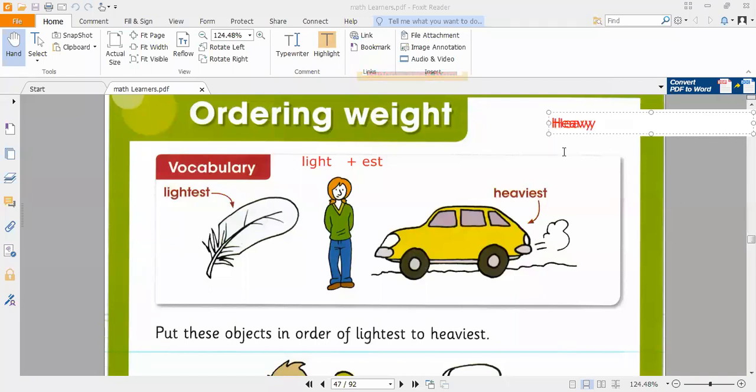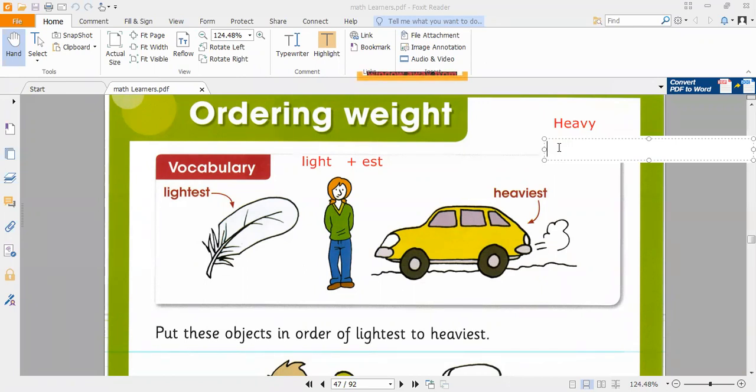H-E-A-V-Y, heavy. So we are going to cut Y, write I instead of Y, and then E-S-T. So now the word is heaviest.